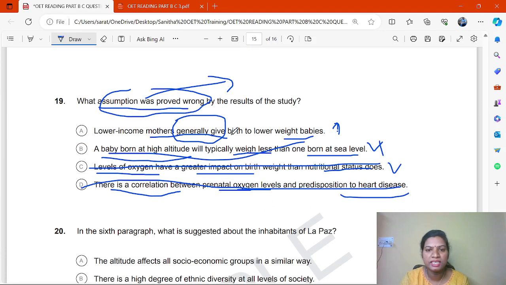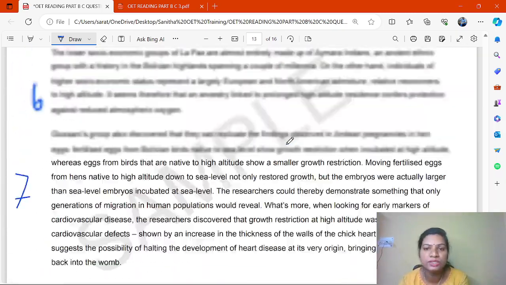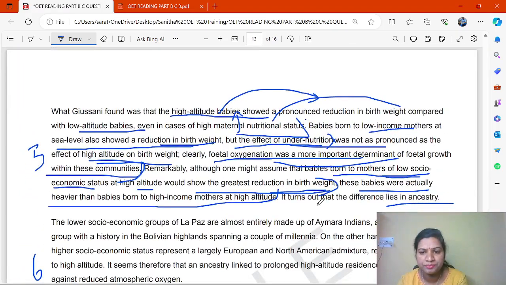Lower income mothers generally give birth to lower birth weight babies, it is saying. But we have to read the rest of the sentence. See, these babies were actually heavier than babies born to high income mothers at a higher altitude.